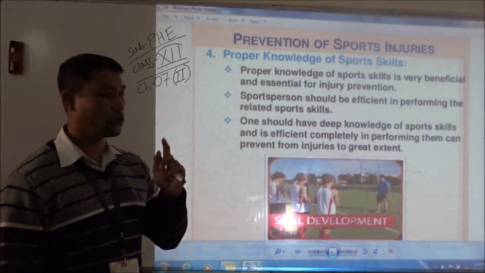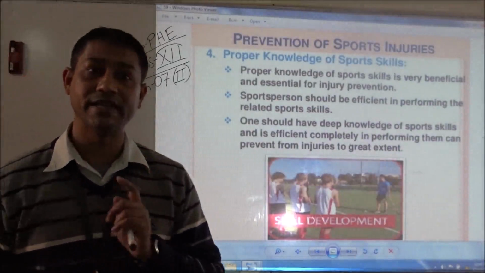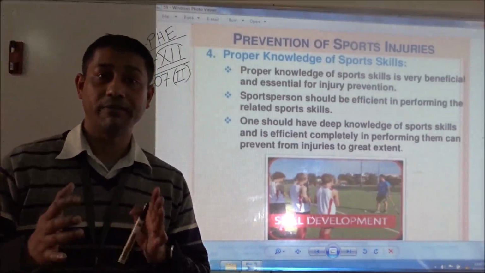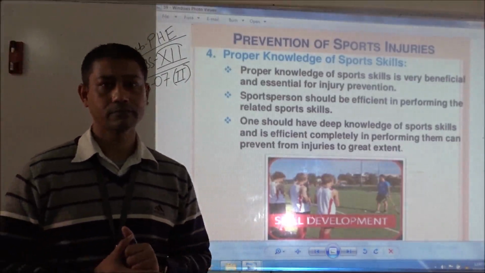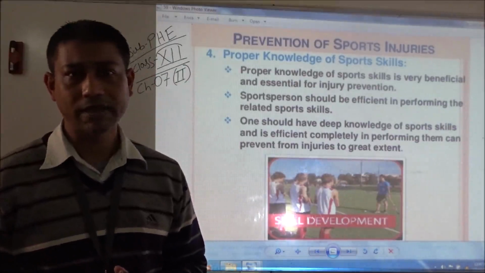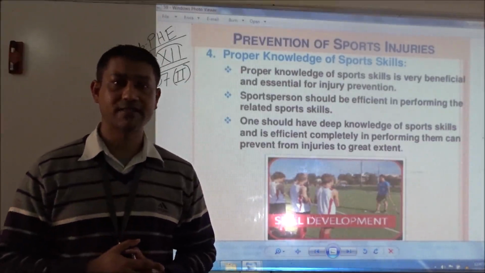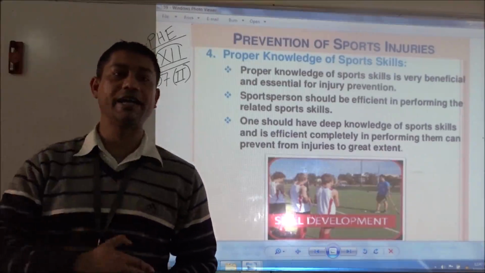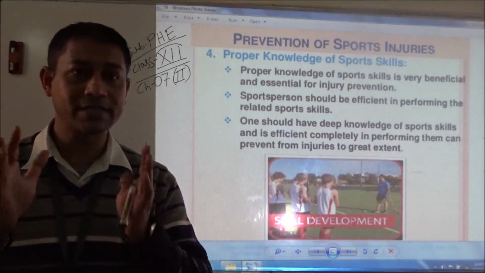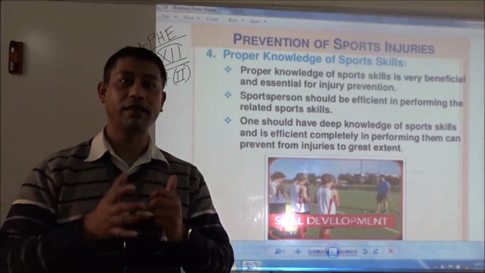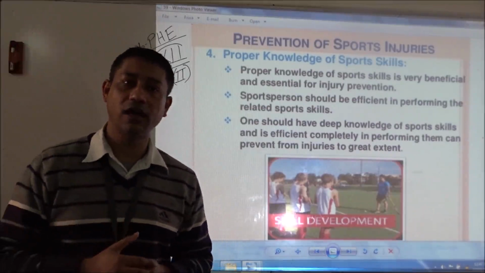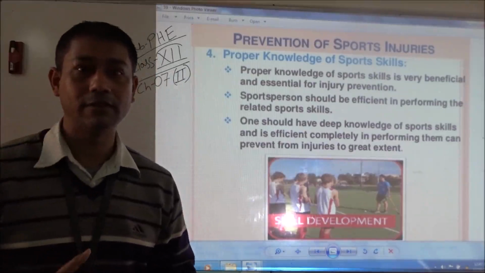Next, proper knowledge of sports skills is very, very necessary, students, to prevent getting injured. For example, in football there is a rule that no footballer can raise his leg beyond the shoulder height of the opponent. Now if somebody is not aware of the rule, what will he or she do? Unknowingly, they might raise their feet when kicking the ball.